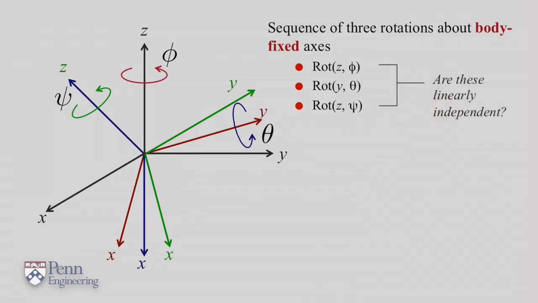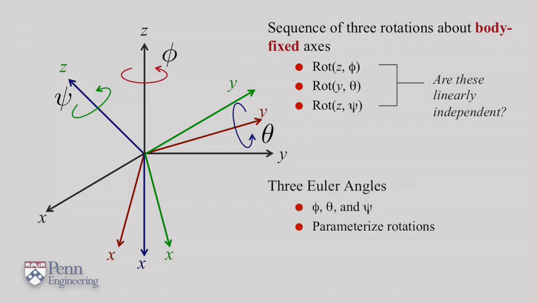Although you have two rotations about z-axes, the question you have to ask is, are they the same z-axis or different? In other words, are the three axes linearly independent? And you can see that the two z-axes are not collinear, they are independent. If this condition is satisfied, then the three angles are Euler angles, and they can parameterize the set of rotations.